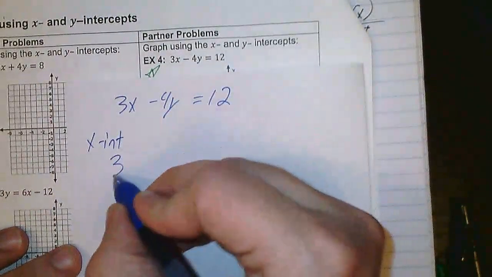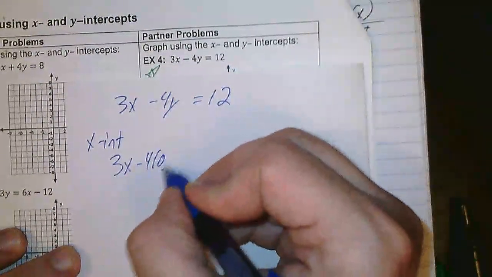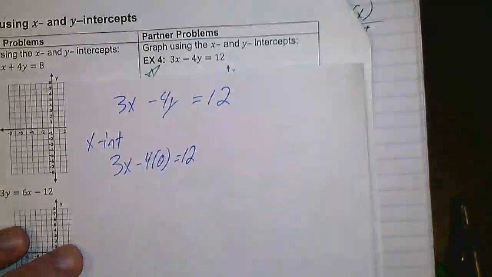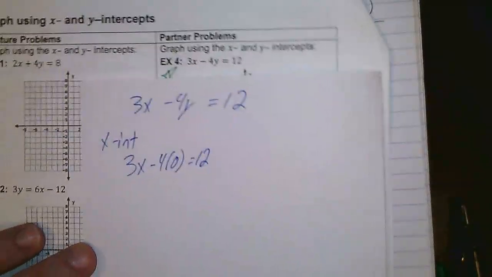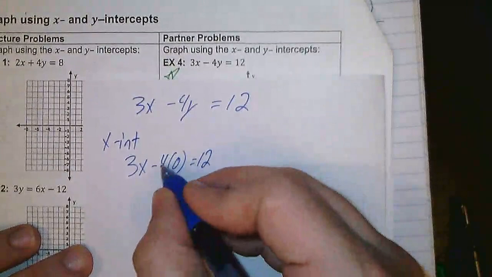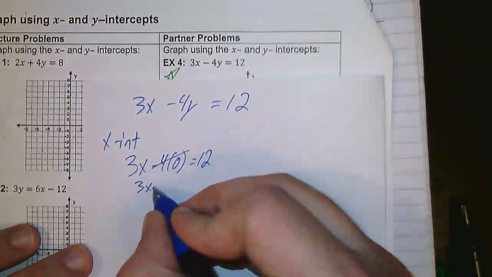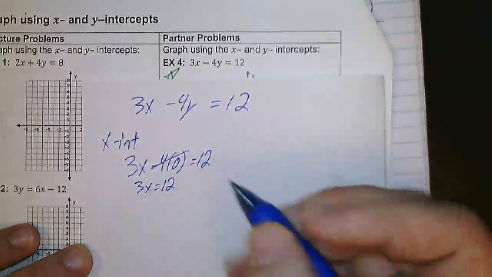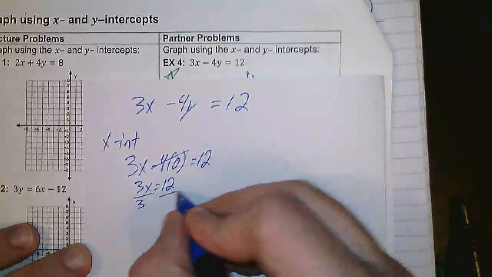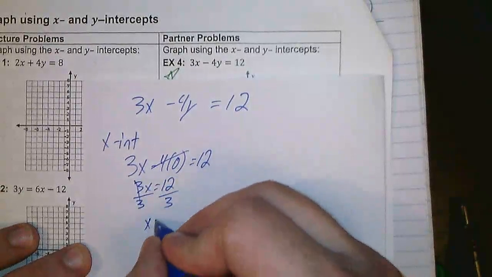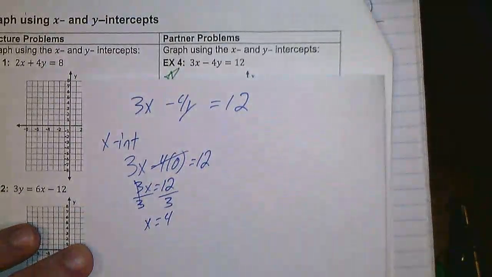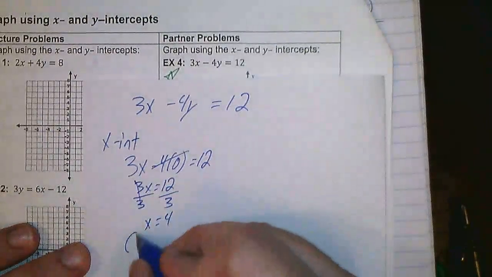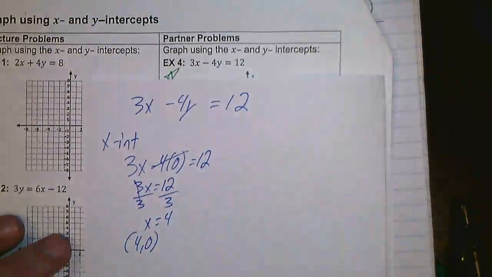So if I'm on the x-axis, my y value is 0, which becomes, that goes away, so 3x equals 12. Divide both sides by 3, and we get 4. As an ordered pair, 4, 0.